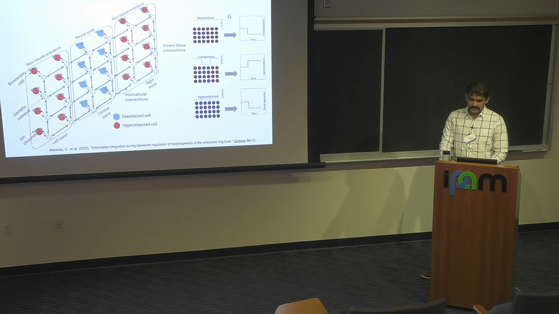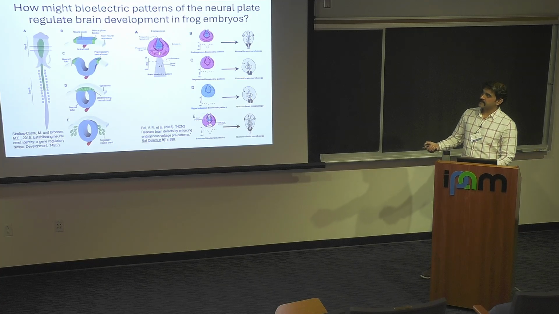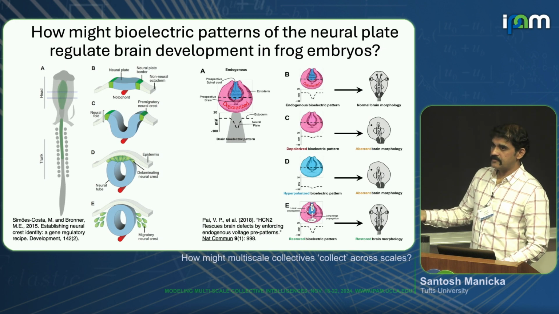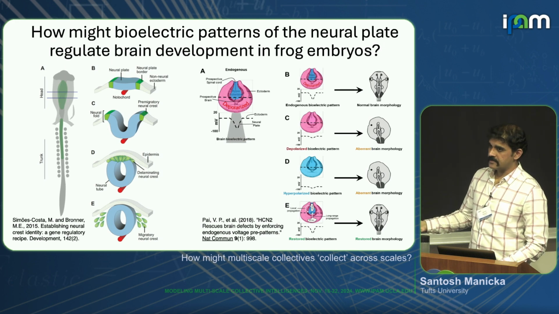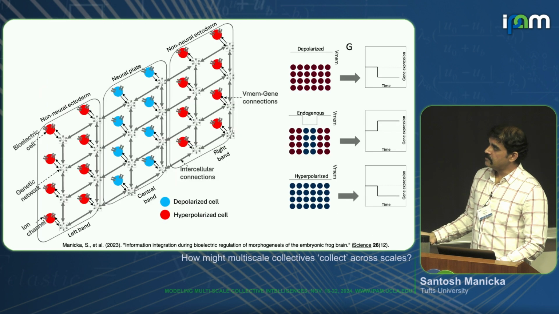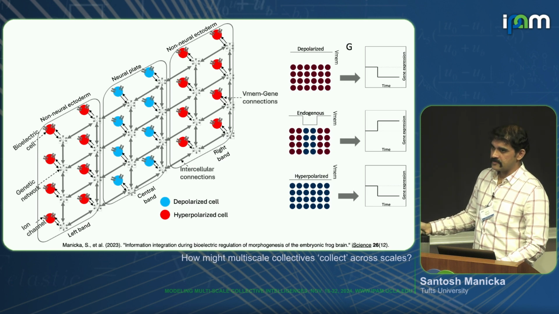Well, so we started with this experimental result, right, where we found that you have to have this endogenous V-shaped pattern to get correct brain development. If you change this pattern, you get altered brain development, and these are defective brains that you get. And so we modeled this by saying that if you input the model with this pattern, that's the endogenous pattern, then you want all the genes to activate.